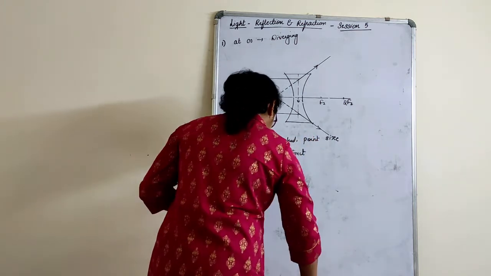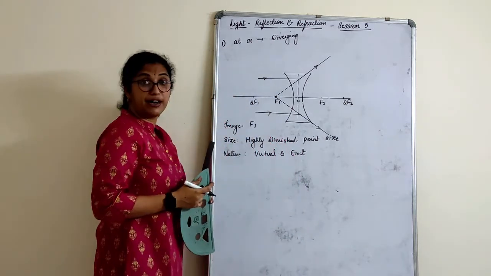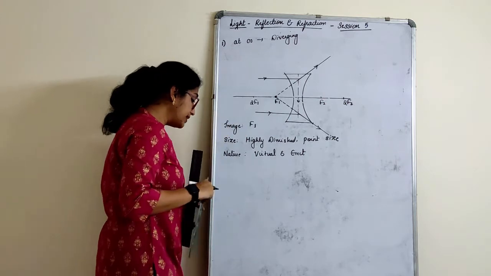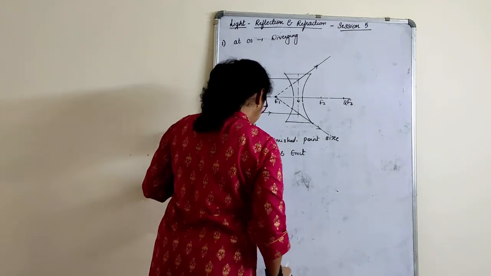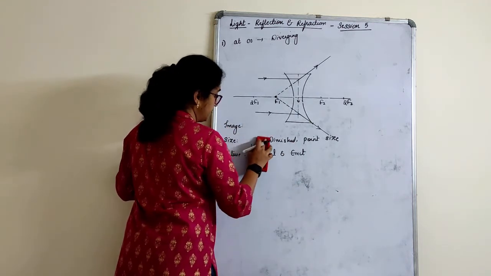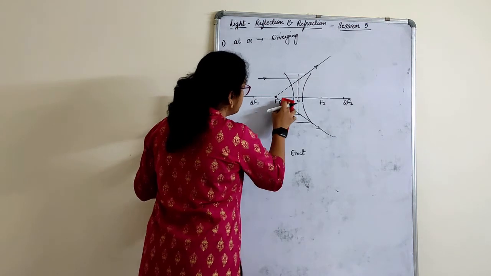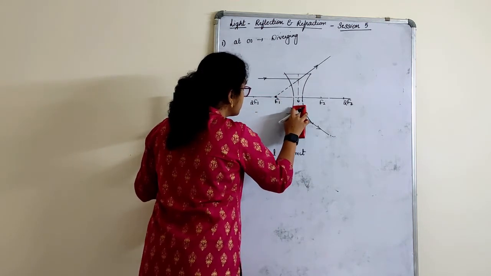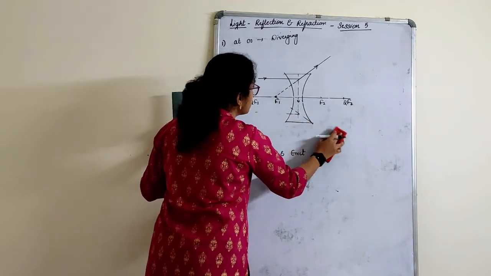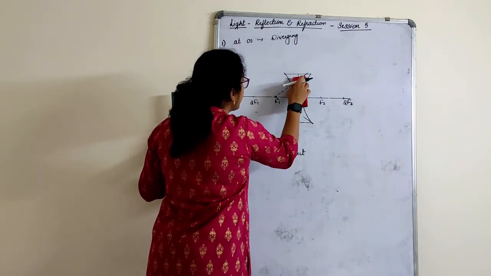Now, second one, where do we keep the object? We keep it between 2F1 and F1. Between this, we keep the object. Now, we'll do the adjustments here only. So, I'll just rub these rays. Again, you know, right?